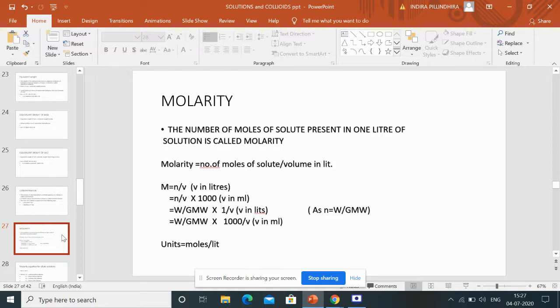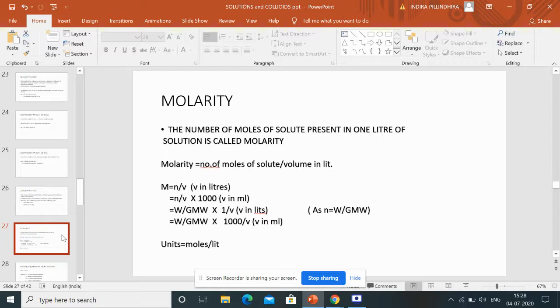That is equal to W by GMW into 1 by V, where V is in liters, because here we have substituted the small n, that is number of moles, as n is equal to W by GMW. Then the same thing if you express in ml, then it comes to W by GMW into 1000 by V, where V is in ml.